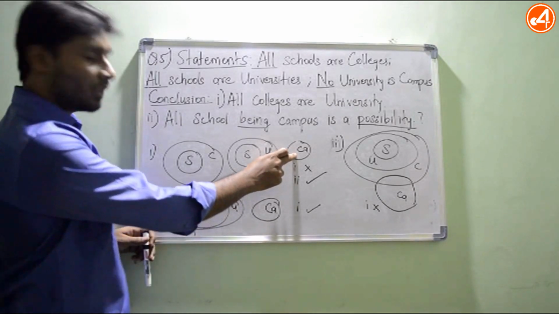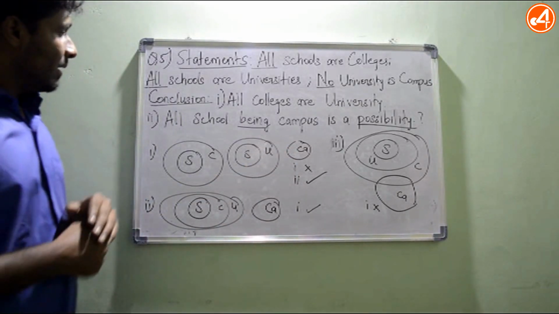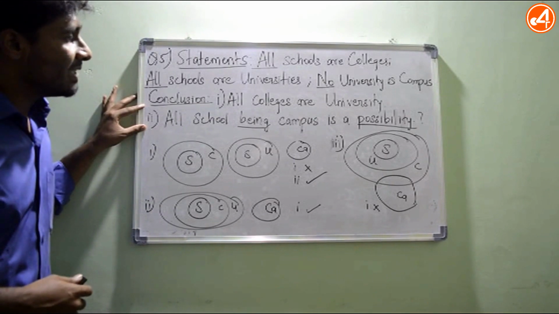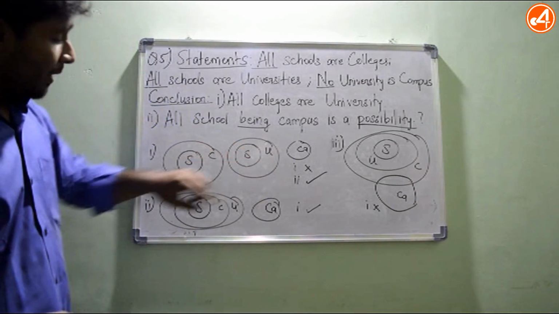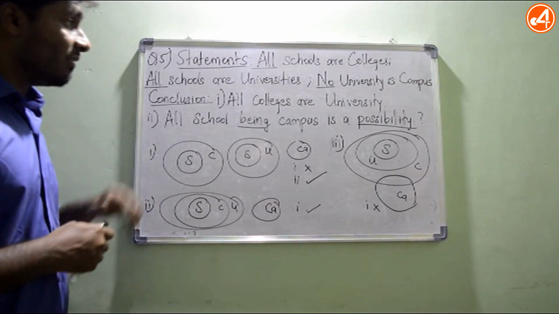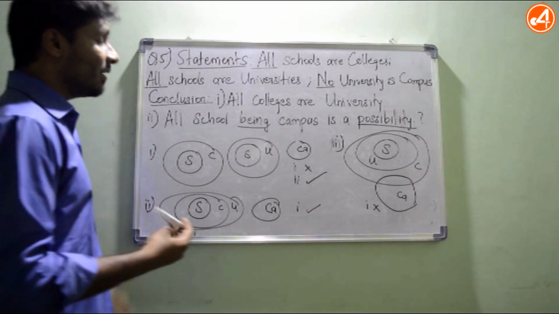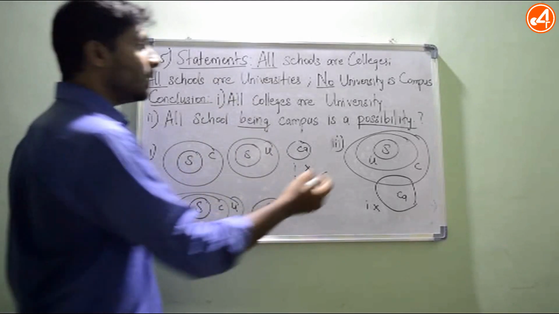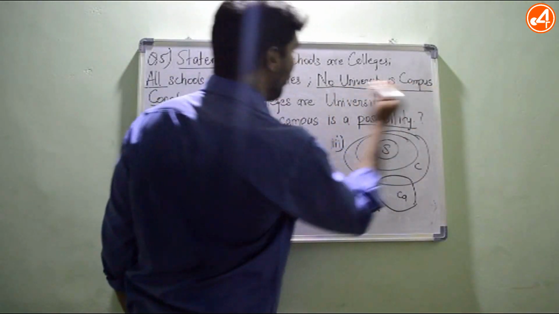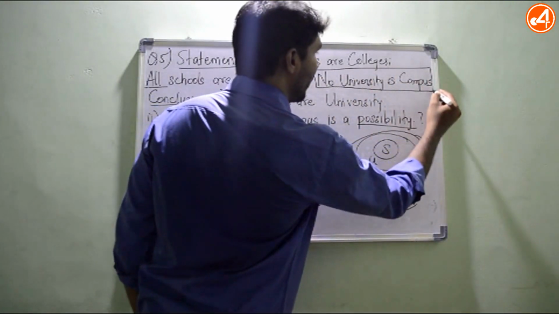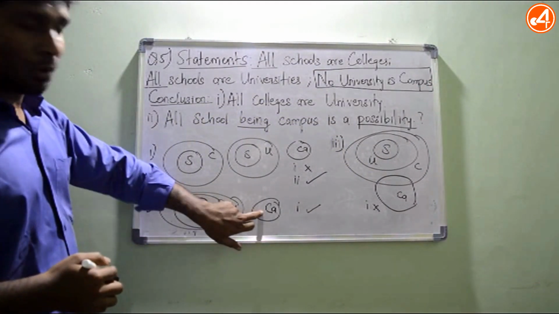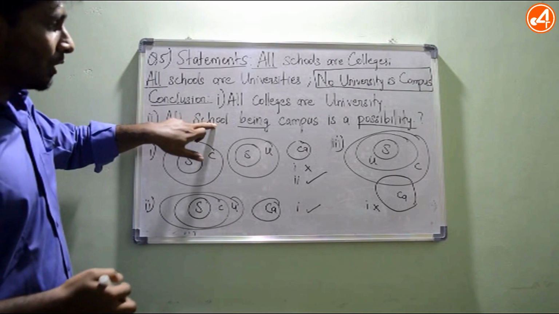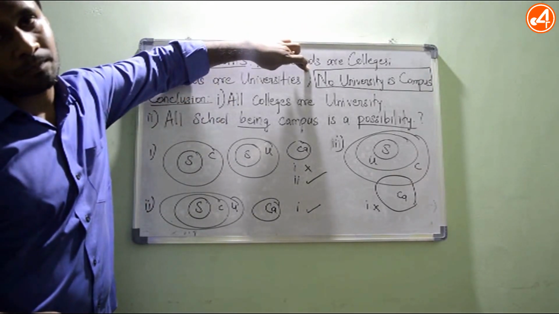Good. And in the second case, again, all schools being campus is a possibility. Whereas here I have a very important rule, the very important question here is the third statement. Third statement states that university and campus have no relation. Got it? My third statement says that university and campus has no relation, and if I take this as true, this will become false.